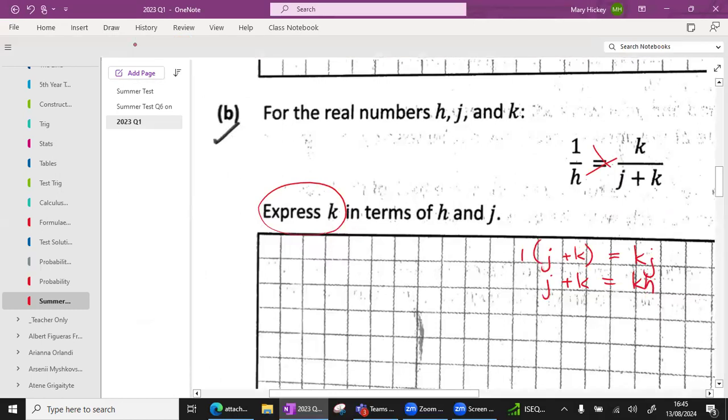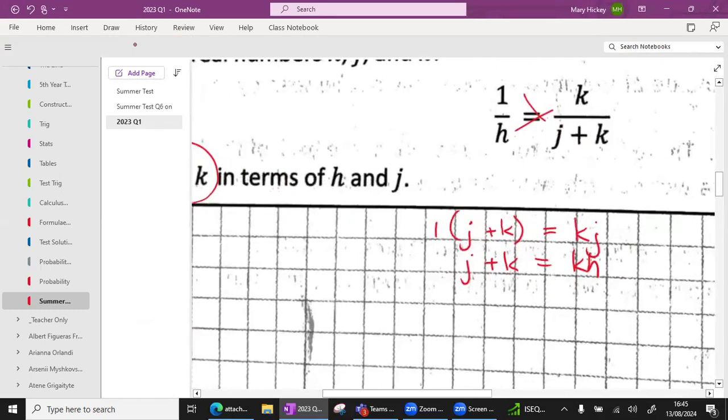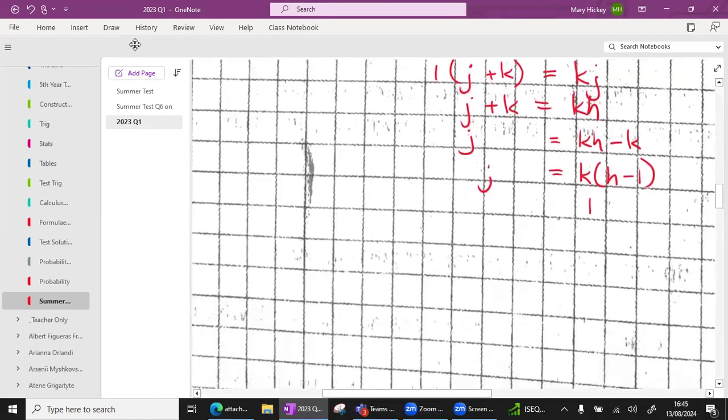So the problem that I have is that I have k on both sides. So I need to bring them together in order to do something with it. So I'll leave the j for the moment and I'll do hk minus k. What I'm trying to do is bring the k's together, factorize out the k, and then finally, to get k on its own, I move the entire h minus 1.